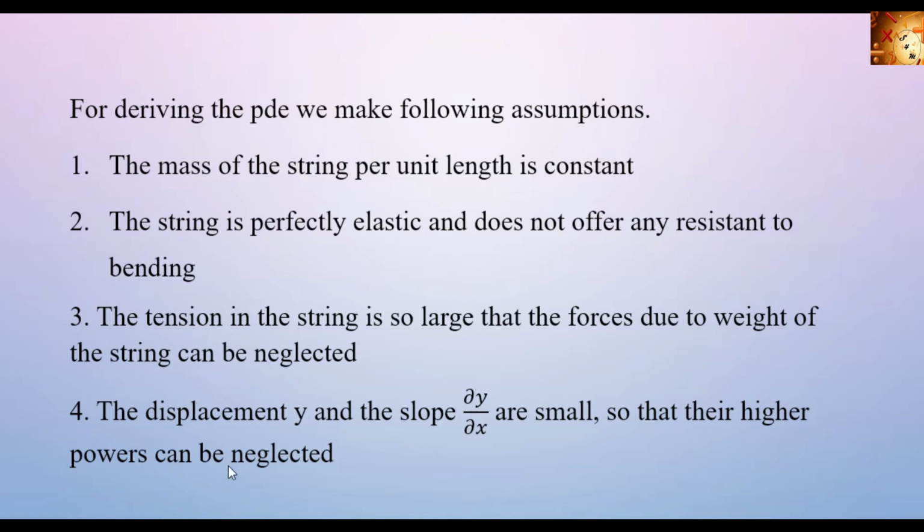And the fourth one is the displacement y and the slope ∂y/∂x are small, so that the higher derivatives or higher powers can be neglected. So these are the basic assumptions required for deriving the wave equation.